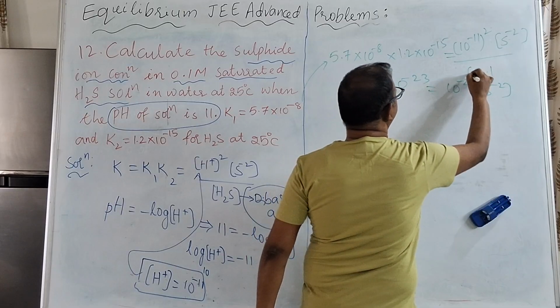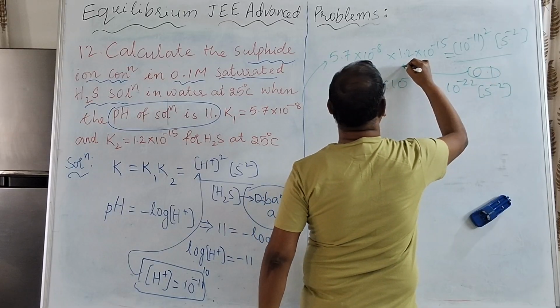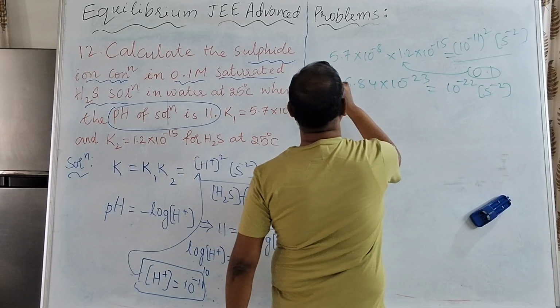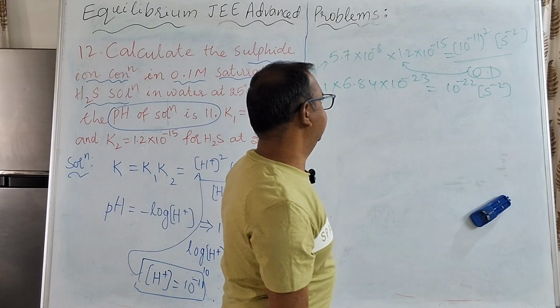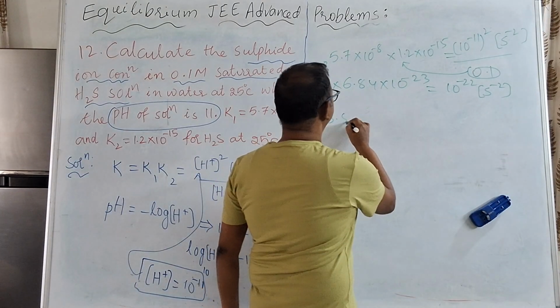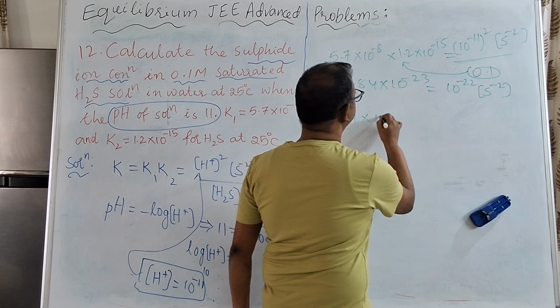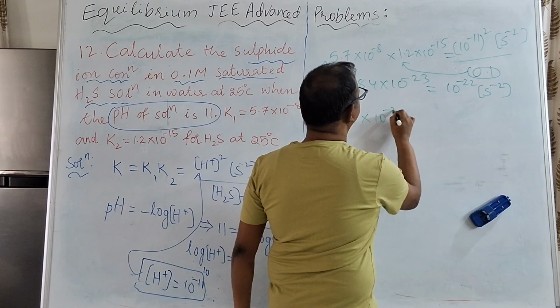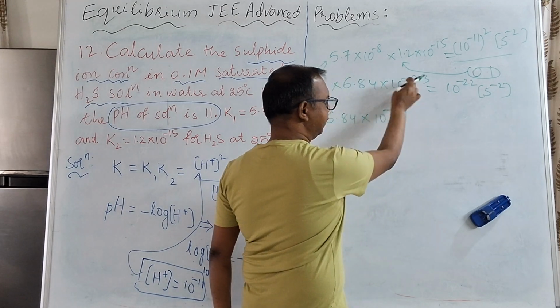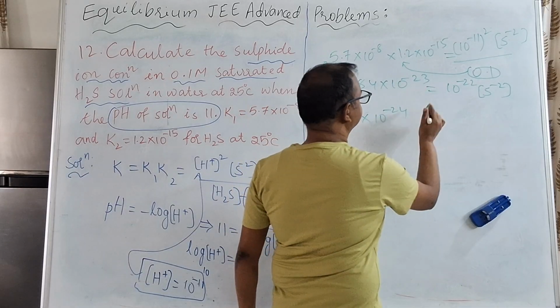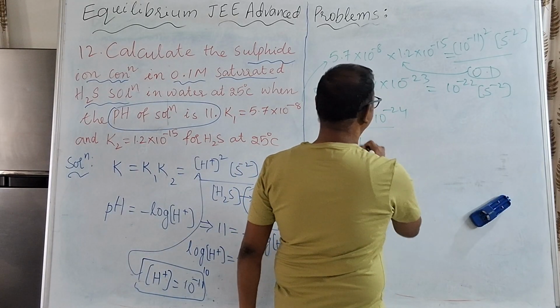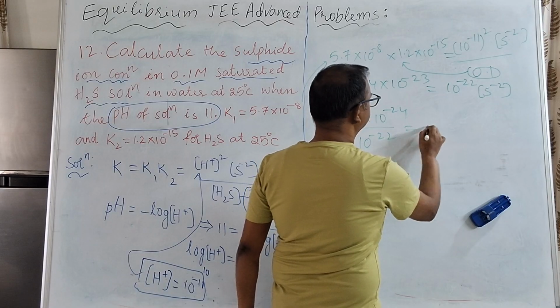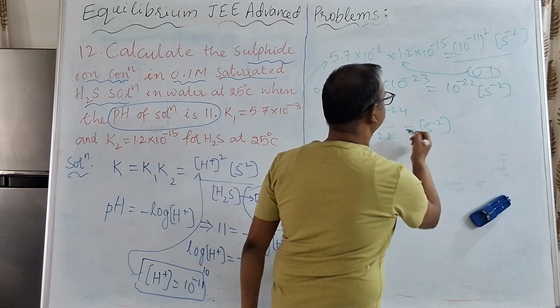This 0.1 term, take it to the right side of the equation, then it becomes into 0.1. 0.1 means 10 power minus 1. Therefore, 6.84 into 10 power minus 24. Why? Because 10 power minus 1 into 10 power minus 23 is 10 power minus 24, divided by 10 power minus 22, equal to the sulfide concentration. You can write like this.